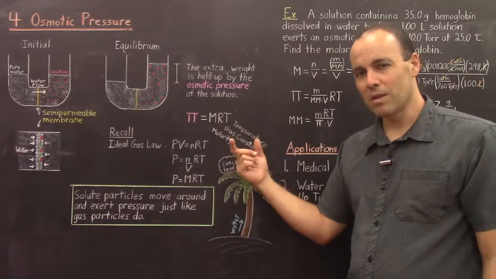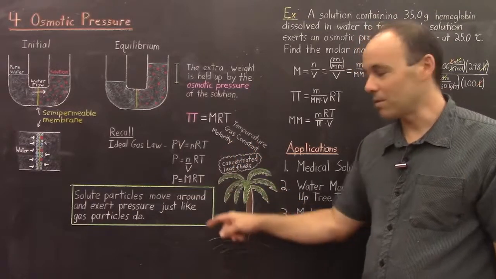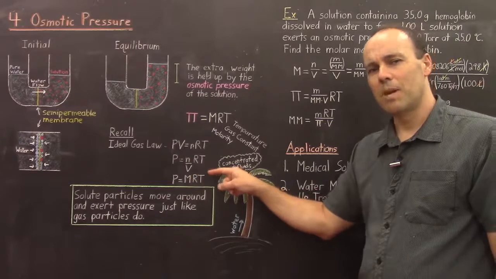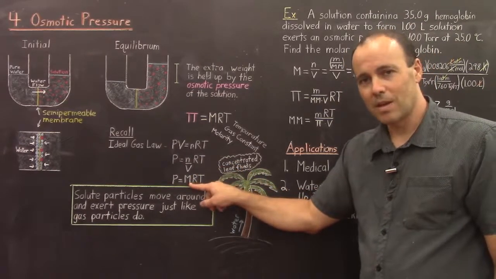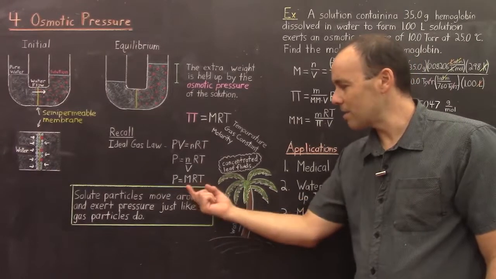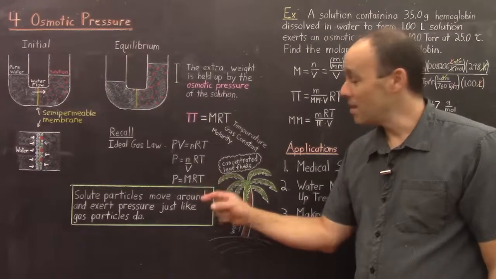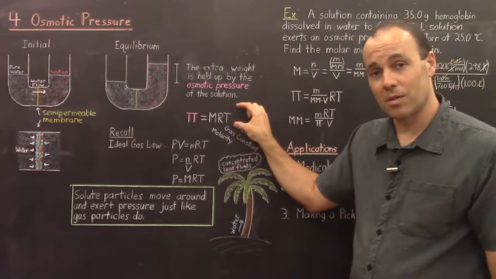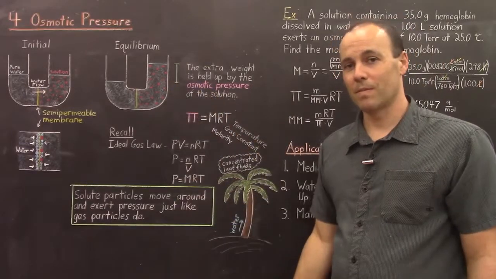If we rearrange this equation and solve for the pressure, we get P equals n over V, RT, but n over V is the same thing as the molarity. So the pressure of an ideal gas is equal to the molarity times R times T, and that is the same as the pressure exerted by the solute particles inside of a solution.